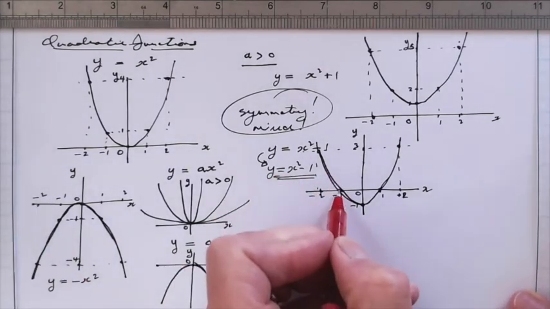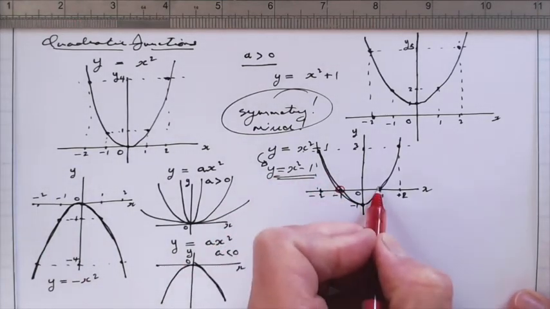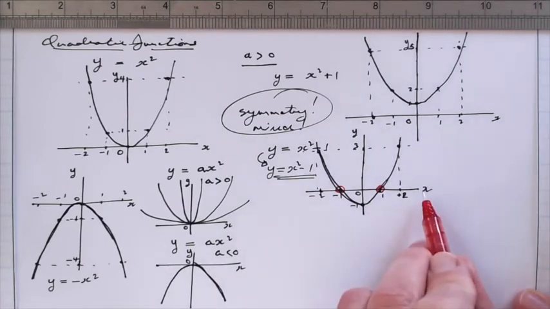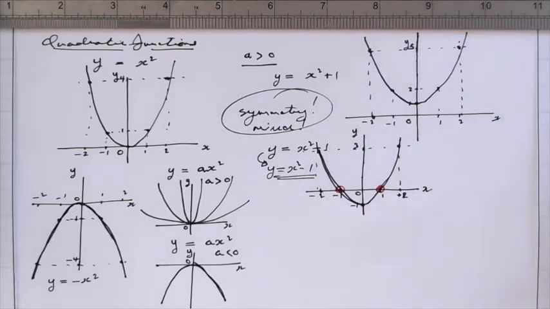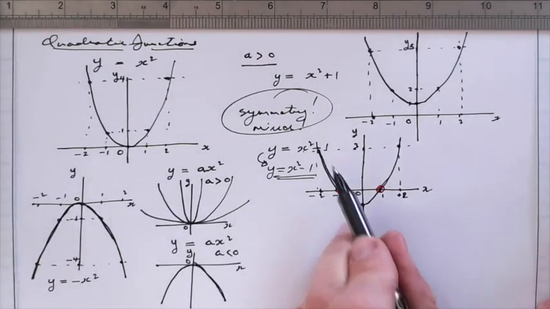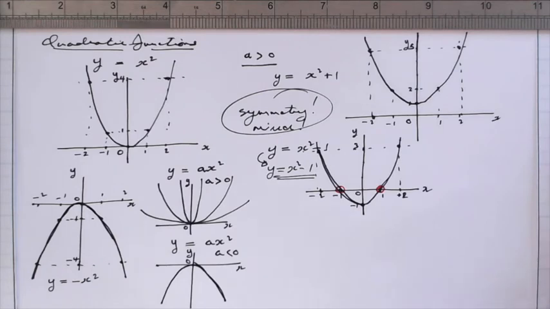Notice that it cuts through the x-axis in 2 places. And we are now going to get several concepts from this simple example that we are going to be following for much of this topic.